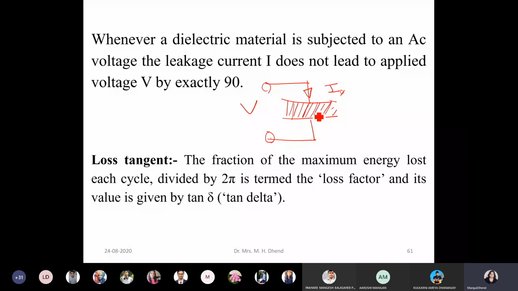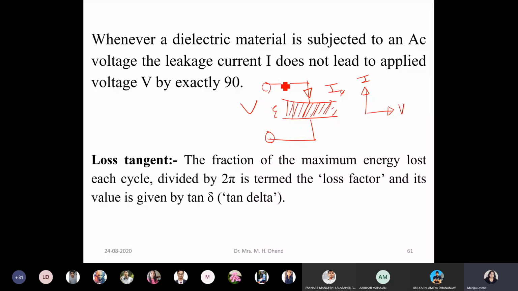Because the insulator is not perfect, so a small current is there. And the relationship between voltage and current is not 90 degrees, because this is not a pure capacitor, but has a small resistance R.